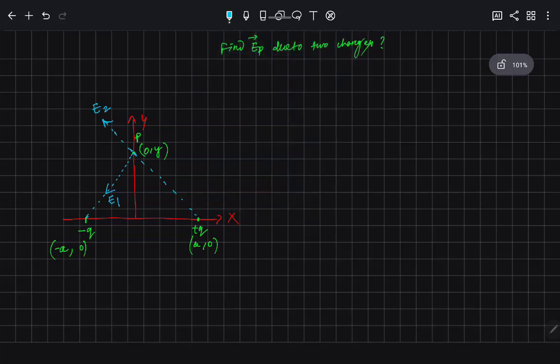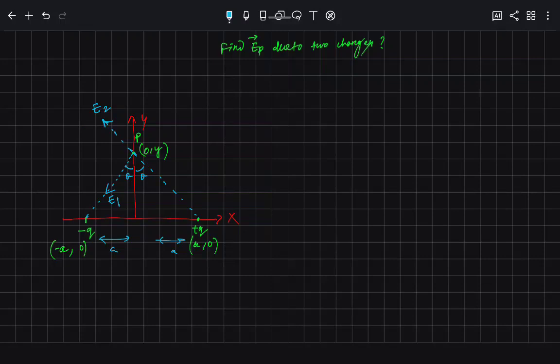Now you see here, this is E1. I take this angle as theta. Obviously, if this one is theta, this one will also be theta, because this distance is a and this distance is the same arrangement. I just changed one charge to minus q. So I do the component division of E1 first.